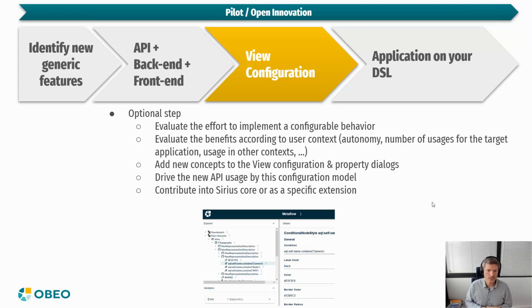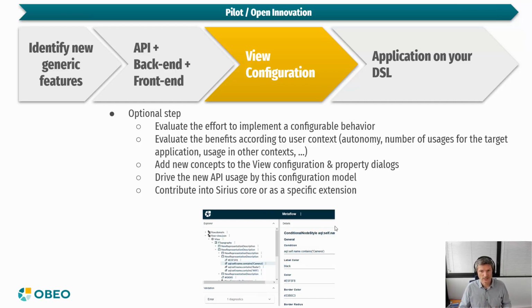So in this way, we extend the configuration models. We add some new properties for the end users, for the toolsmiths, and we contribute it to the Sirius core or as specific extensions depending on the context.